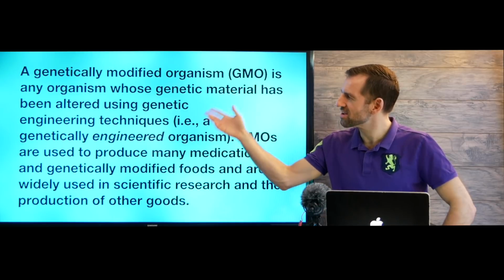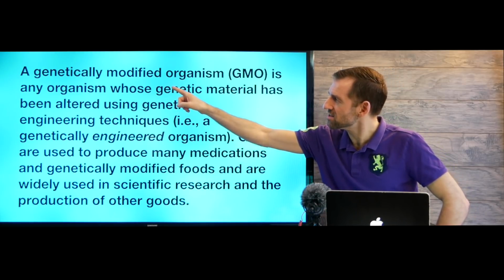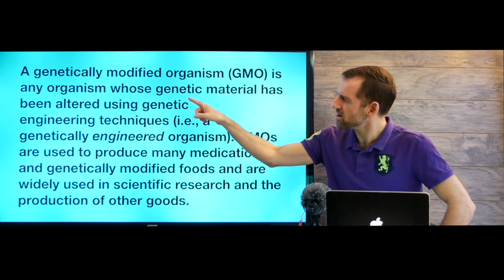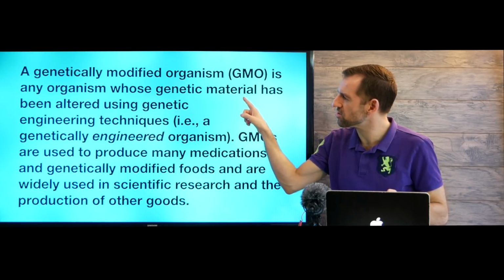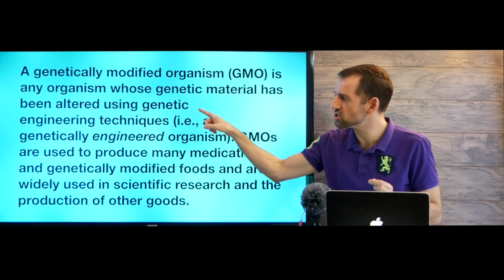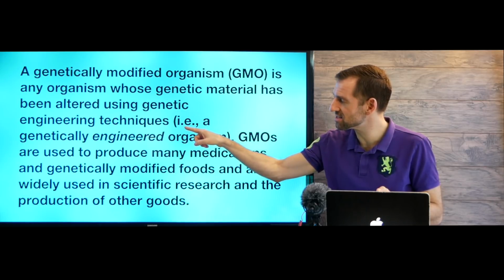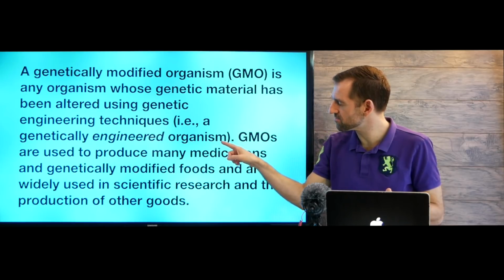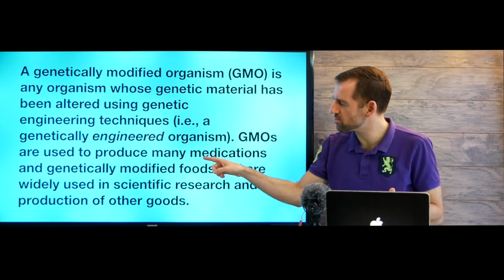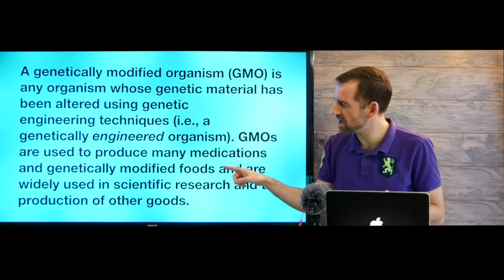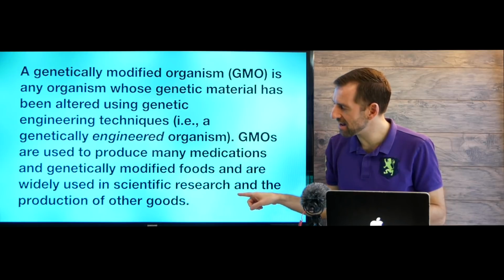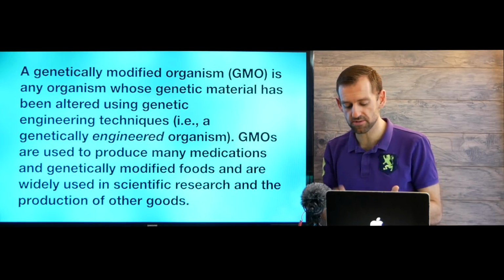Okay, so here we go. A genetically modified organism, GMO, is any organism whose genetic material has been altered using genetic engineering techniques, i.e., a genetically engineered organism. GMOs are used to produce many medications and genetically modified foods and are widely used in scientific research and the production of other goods.